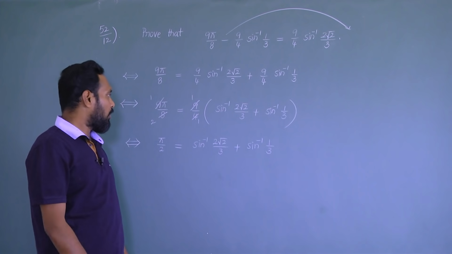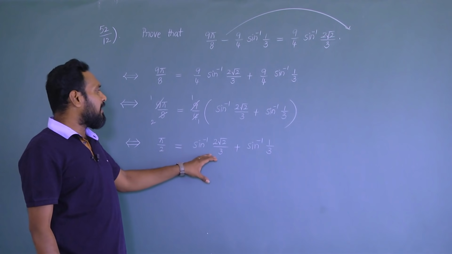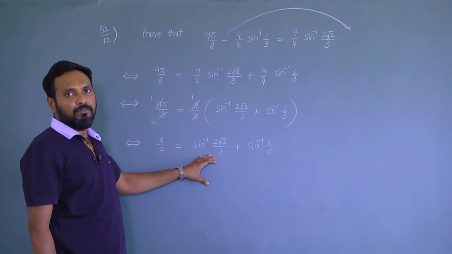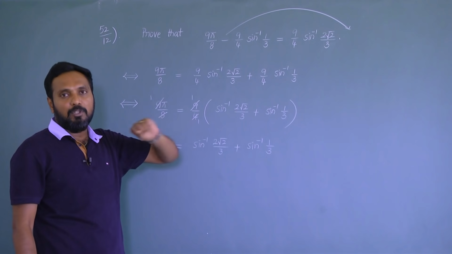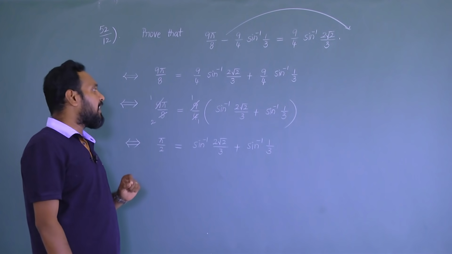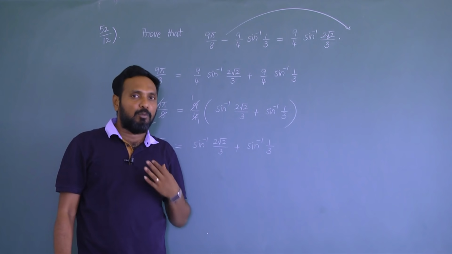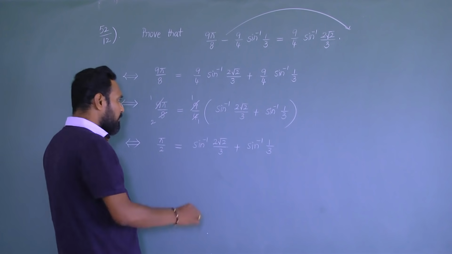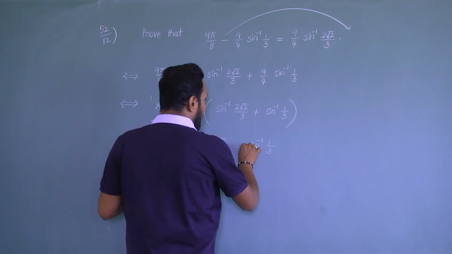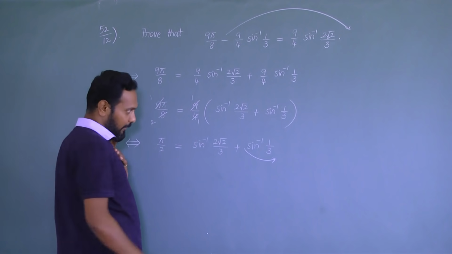Then already one term is sin inverse, the other term should be cos inverse x, so that sin inverse x plus cos inverse x equals pi by 2, we can apply that property. For that, already sin inverse 1 by 3, I want to convert it.